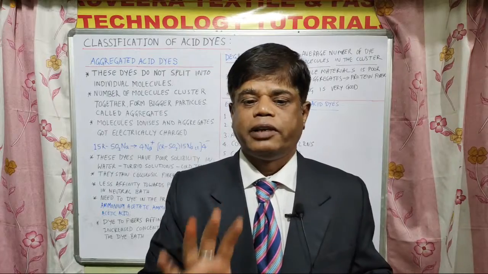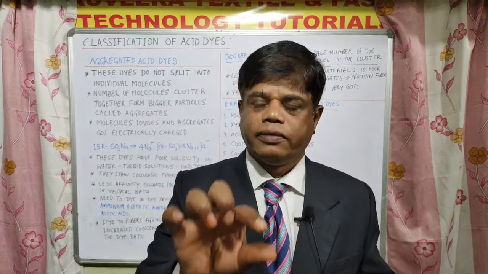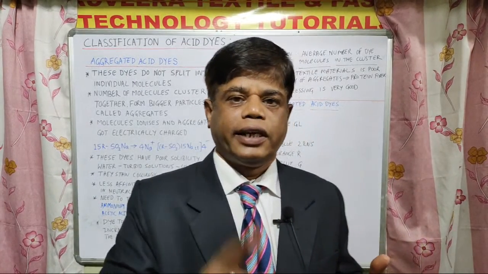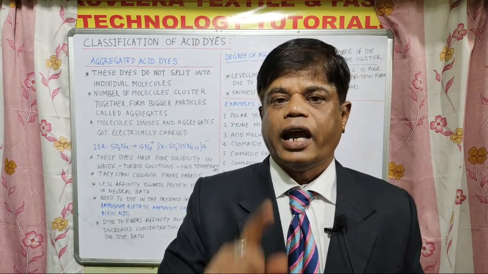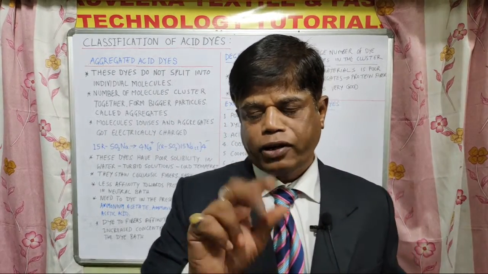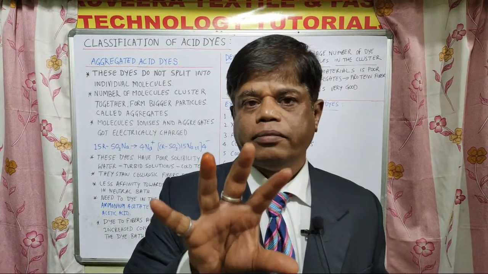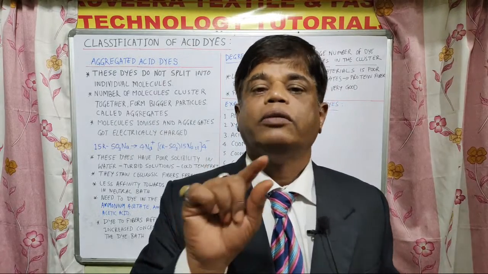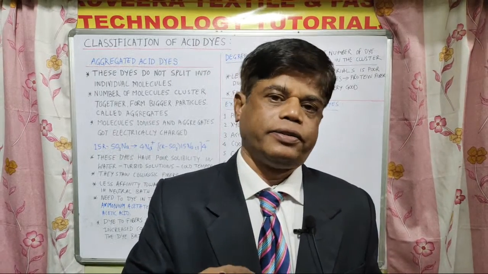The dye affinity takes place by means of ionization: in case of basic dyes a cation, in case of acid dyes an anion plays a role. Acid dyes are made of dye chemical content having both positively charged ions and negatively charged ions.